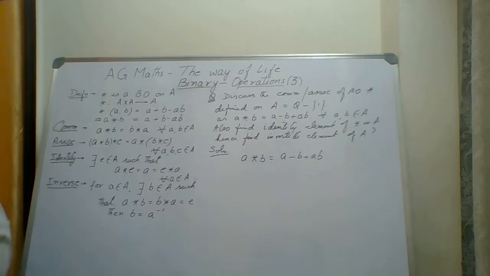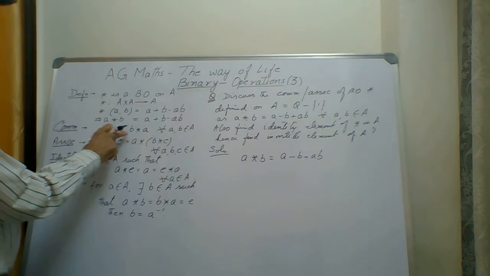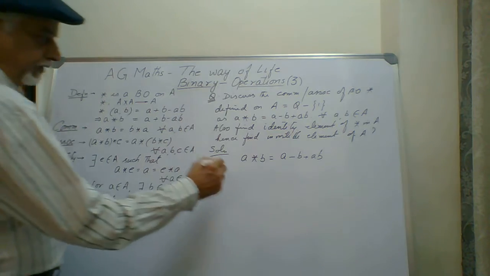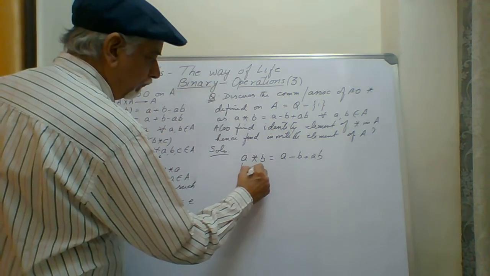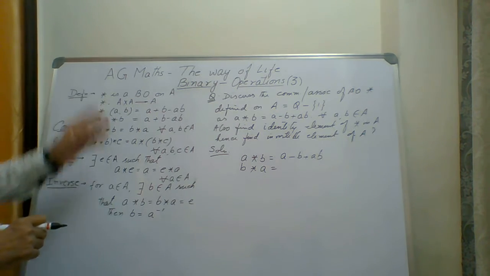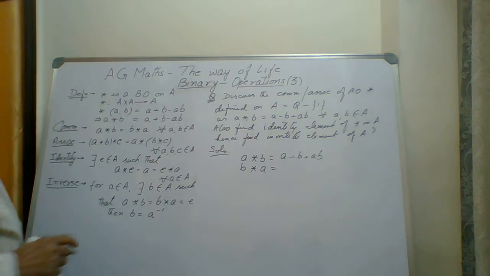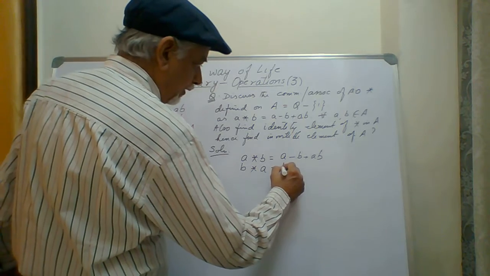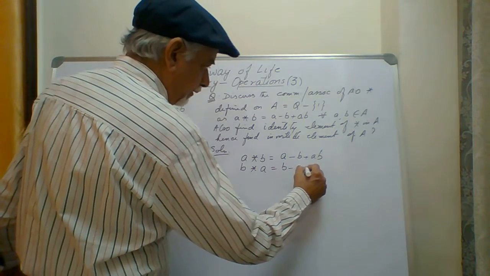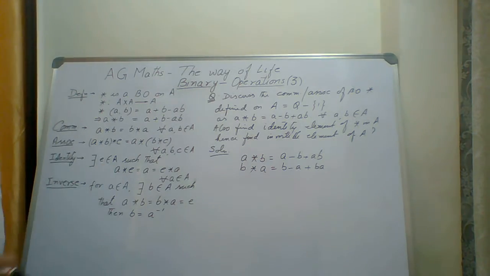And for commutativity, A binary B should be equal to B binary A. So we write B binary A. I have kept all this on the left side for your easy reference. So B binary A is B minus A plus BA. B will come first, then A, then plus B times A. Just interchanging A and B, swapping the position.